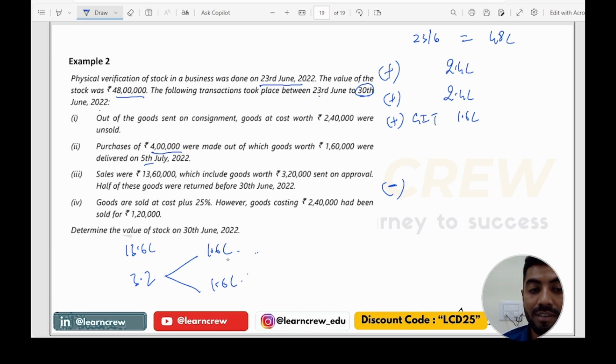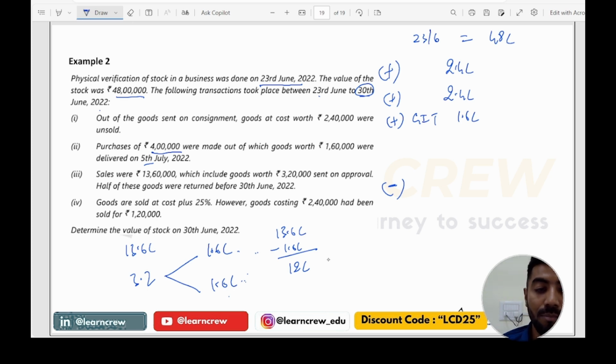So what is the total sales then? 13.6 lakh minus 1.6 lakh, because it's returned by the customer. So total will be 12 lakhs. 12 lakhs is the actual sales. In that 12 lakhs, goods are sold at cost plus 25%. Cost plus 25% means 1/4 of the cost will be 1/5 on sales.